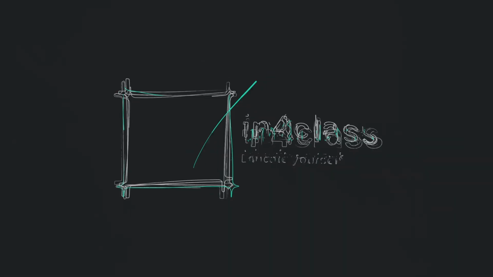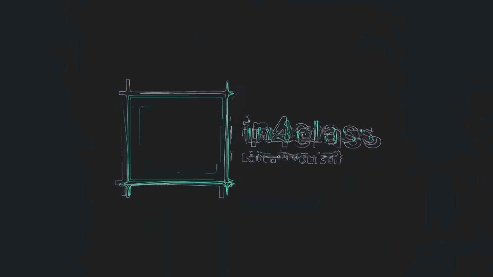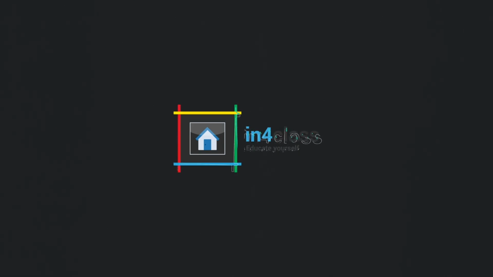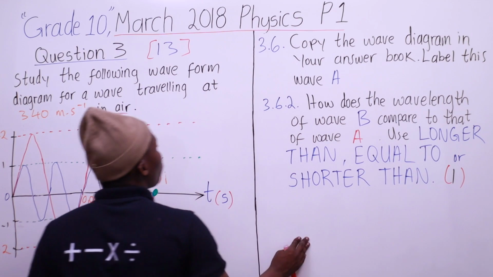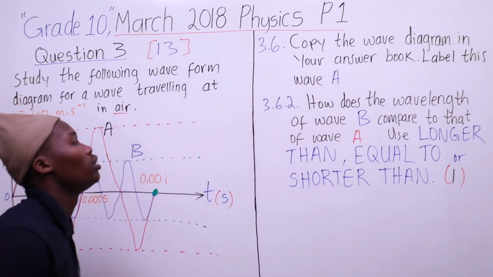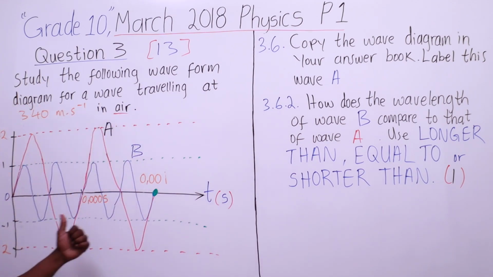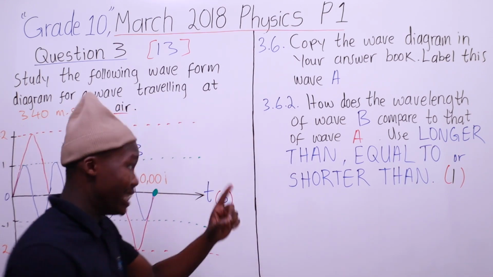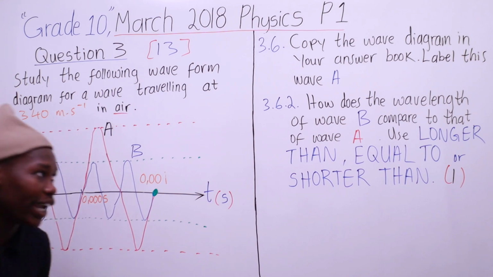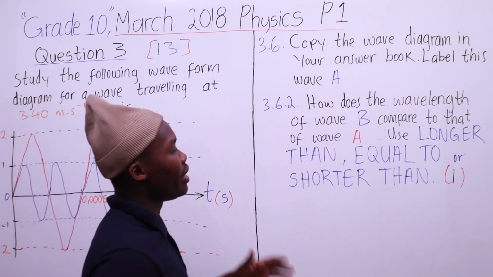Asini ku question 3.6.2. Alright, question 3.6.2 ukhuluma ngayo nade sidweba manje. So how does the wavelength of wave B when compared to that of wave A?